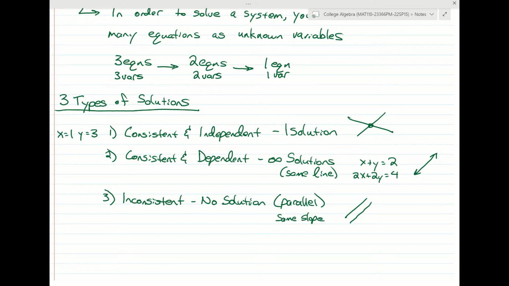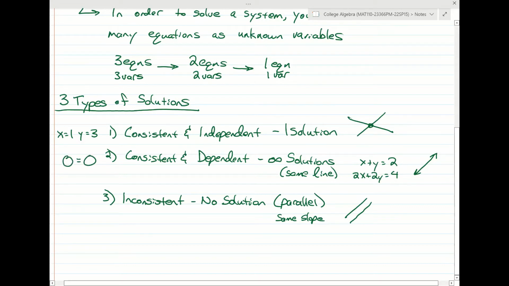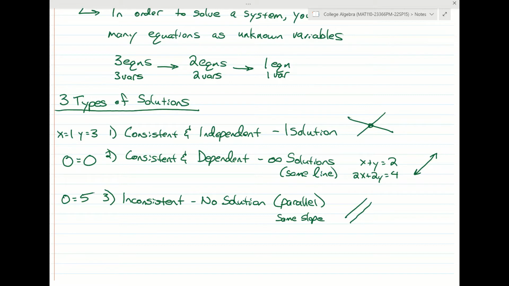Consistent and dependent would give you an answer that says 0 is equal to 0. If you ever wound up with that as an answer, that means that it's the same exact line. And inconsistent just means that you get like 0 is equal to 5. Something that doesn't make sense would be called inconsistent. It doesn't make sense because there's no point where they cross.